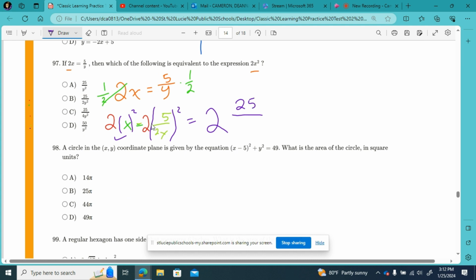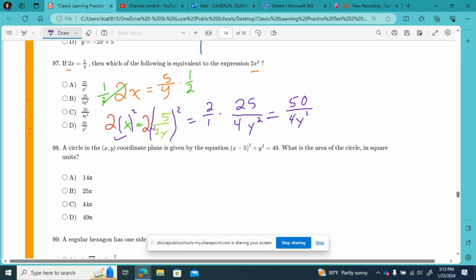So 2 times 2 is 4, y squared on the bottom. And now just this 2 outside, I'm going to multiply it by my numerator. Because, right, that 2, if I were to turn that to a fraction, it'd be 2 over 1 to multiply. Equals 50 over 4y squared.